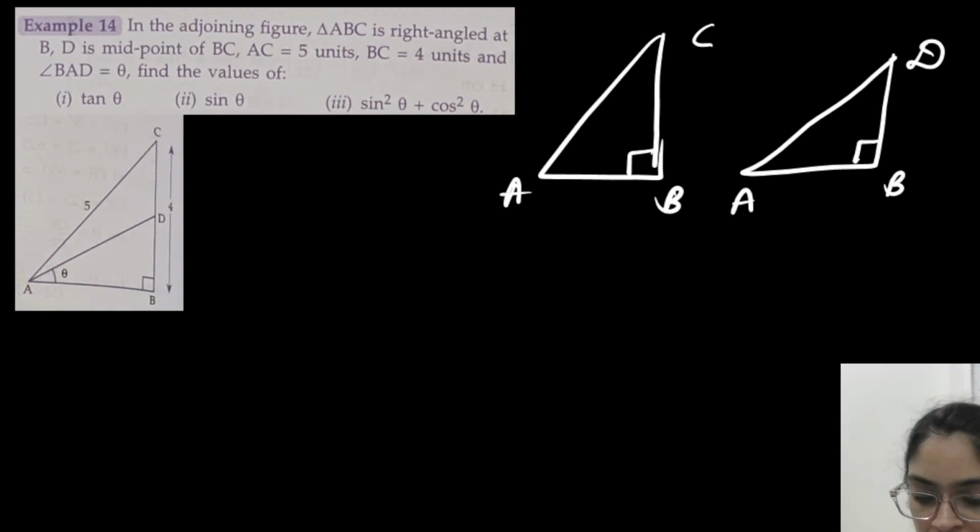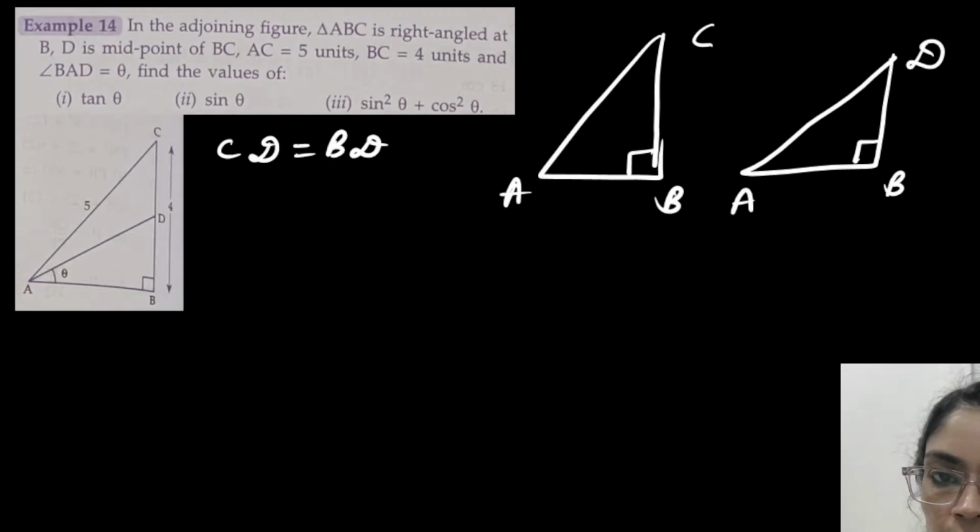But how do I always write midpoint? If D is the midpoint, that means CD is equal to BD. This you should always know. Yes, to separate equally. So CD is equal to BD.